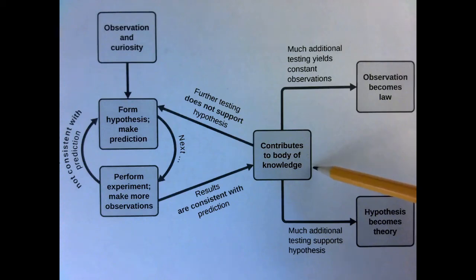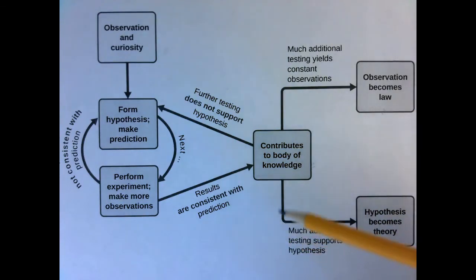We don't think that this hypothesis is quite correct, but it is happening. And in that case, it becomes what we call a law. So now we know that this is true, but we don't necessarily have a good idea about why it's true. We don't have our hypothesis. We don't know why it's happening, but we're sure that it is happening for the most part. We're going to call that a law.